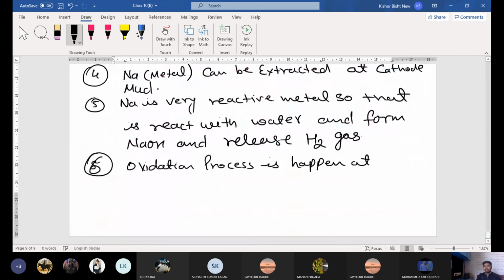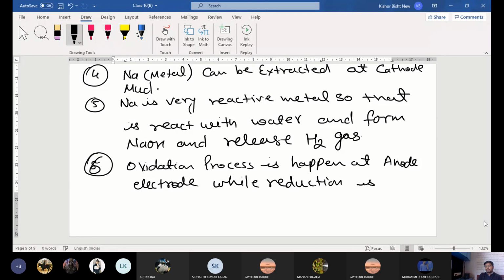Oxidation at the anode electrode, while reduction happens at the cathode electrode. Okay, you now write it.